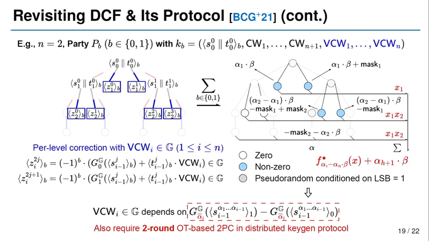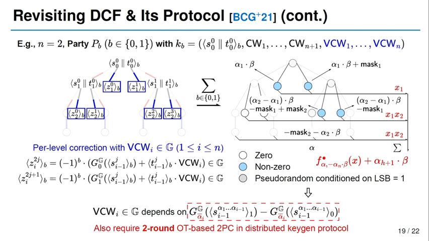And let's briefly recall how the previous construction works. Here, the DCF key of each party consists of the DPF key with n additional correction words VCW1 to VCWn. And in the tree expansion, each node spawns two additional child nodes using a length-quadrupling PRG.